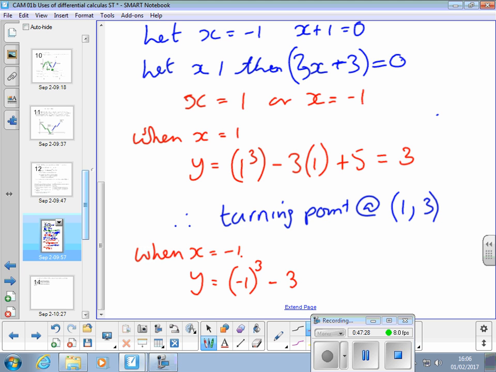Minus 3 times minus 1 plus 5 equals. The answer to that is, minus 1 cubed is minus 1, minus minus 3 is plus 3, plus 5... so the answer to that, if I'm correct, is 7.